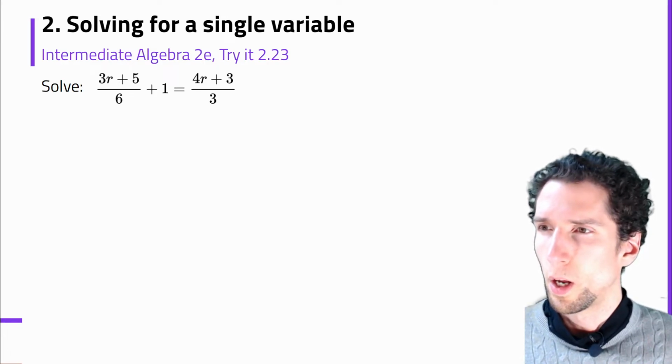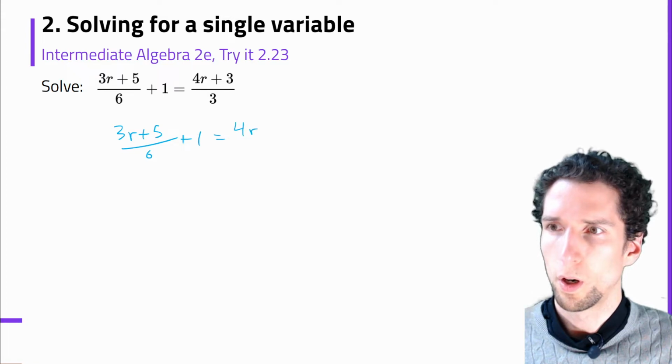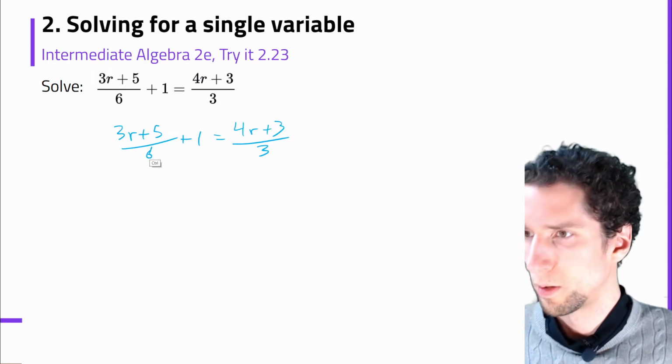So my turn here. 3r plus 5 over 6 plus 1 equals 4r over 3 plus 3 over 3.